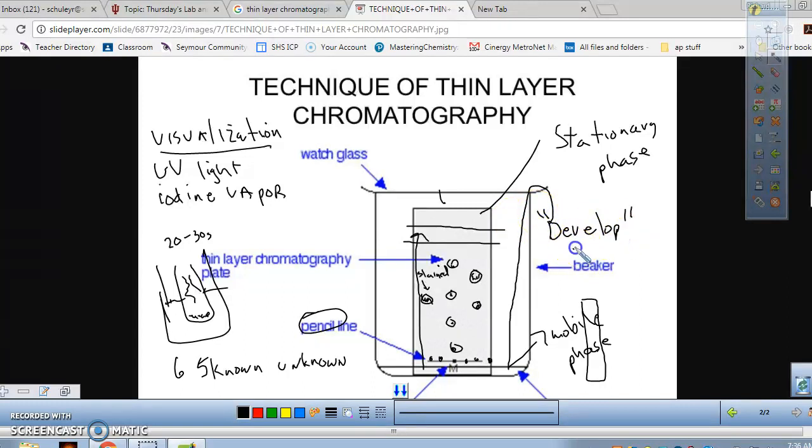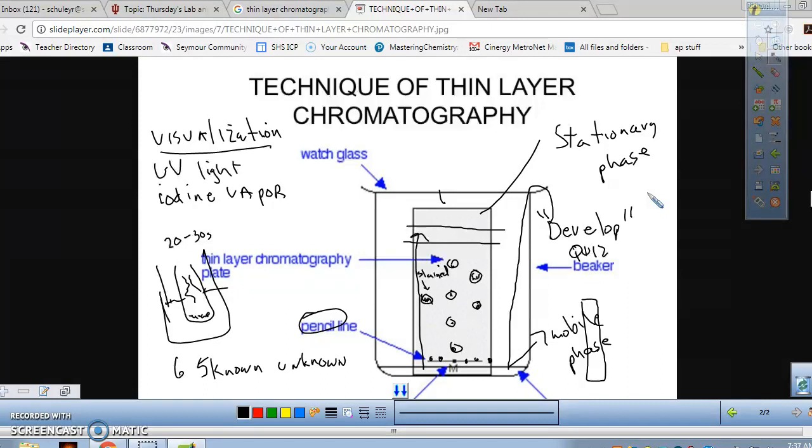While it's developing, that's when I would take the quiz. Unless you want to get the quiz out of the way first, that's up to you. But it's going to take 10 minutes probably to develop, usually 5, 10, at most 15 minutes to develop. So then that's it. That's the entire experiment.